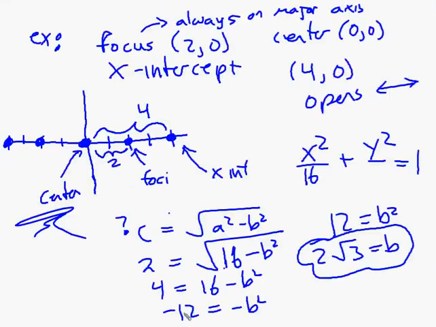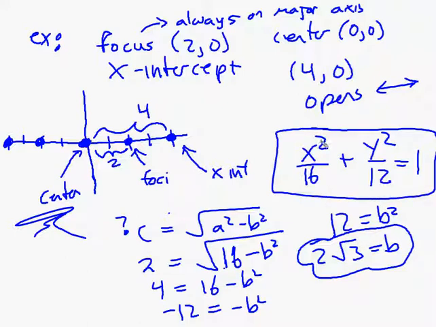Oh, and actually I need b squared. So 12 goes under that. Okay. We are going to go on.